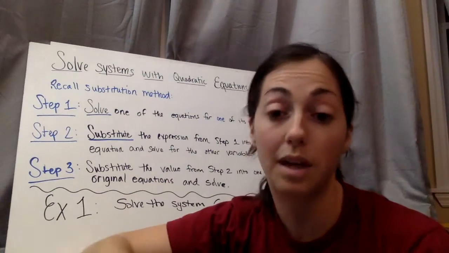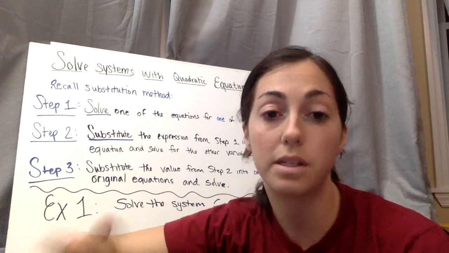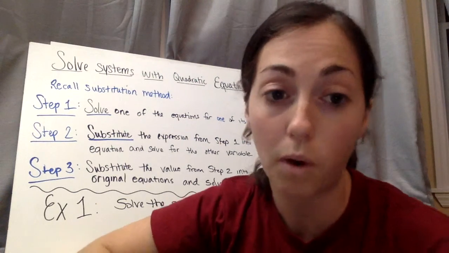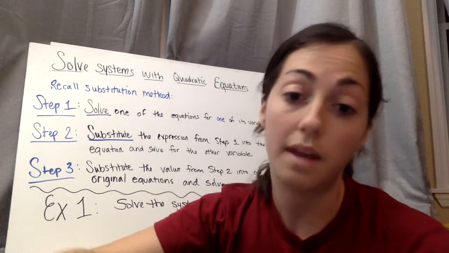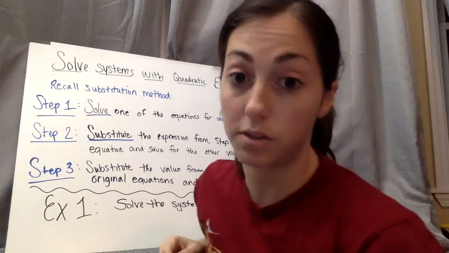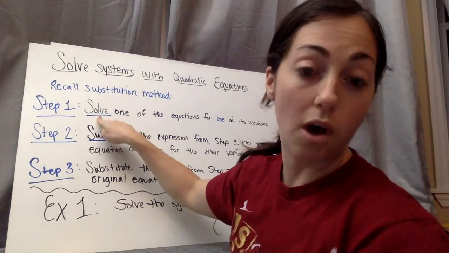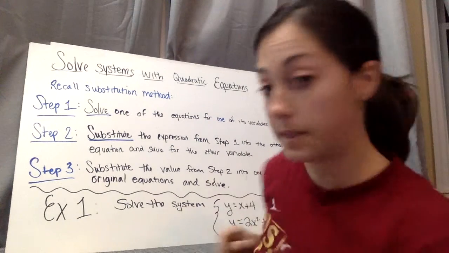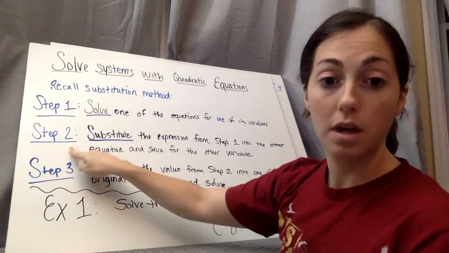But I think, and I'm sure you're going to agree with me really soon, that substitution is a better method than graphing. I'll show you each example in a moment. So let's recall all the steps for substitution that we once knew, and then we'll solve a problem. Step one says solve one of the equations for one of its variables. Step 2.